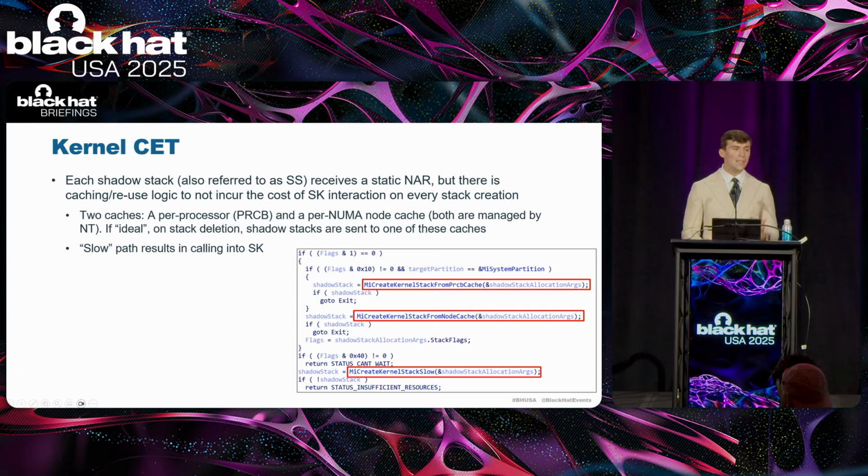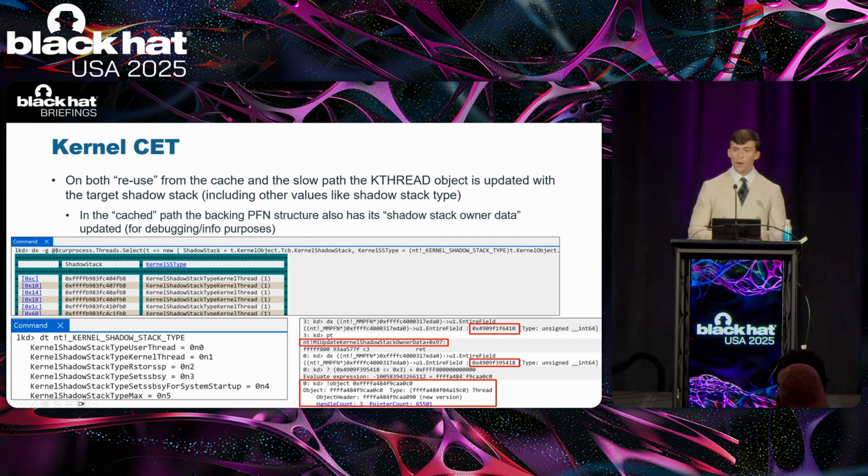Well, the idea here is that if we can cache these shadow stacks on a processor or NUMA node, we may be able to gain performance in the sense of when we go to get a new shadow stack, that memory may already be cached on a given processor, depending on the conditions. So we have two caches, but there is a slow path, and that goes to the secure kernel. So no matter what happens, if we go through the cache or we go through the slow path, the kthread object, which is managed by the kernel for a thread, is updated with a new field called the kernel shadow stack. It contains the address and also some metadata.